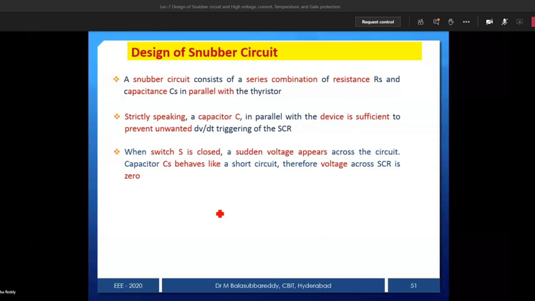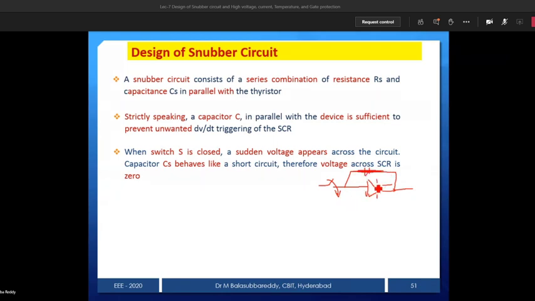In that diagram, once supply is given, suppose there is a switch here and then there is a device. This is an SCR device, and now we connect one capacitor here. If supply is given directly, meaning the switch is closed here, then the capacitor will act as a short circuit.